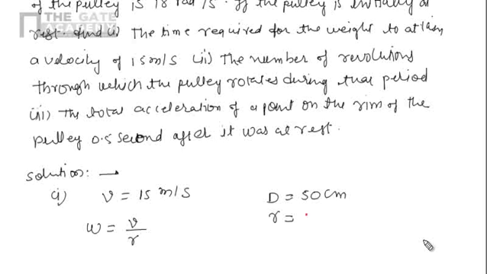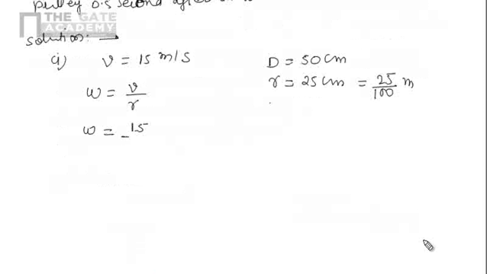So r will be 25 centimeter, so it will be 25 by 100. Omega will be v, that is 15, divided by r, which is 25 by 100. Omega will be 60 radian per second. So that is the angular velocity corresponding to 15 meters per second.